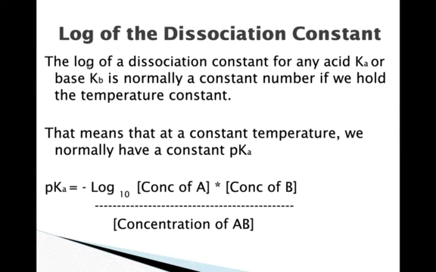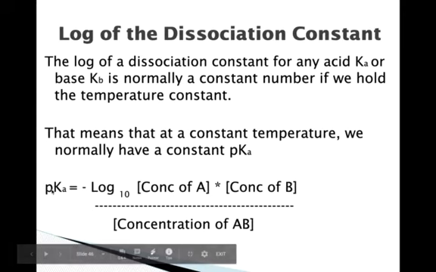We could take a logarithm of this constant, just like we did for the concentration of hydrogen to get pH. It would give us pKa. The little p in front of these values is indicating that we are taking a logarithm scale to it.